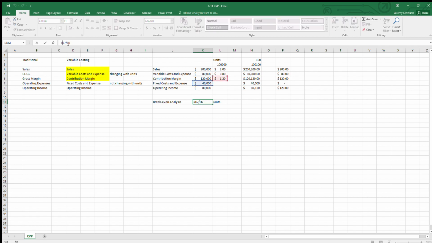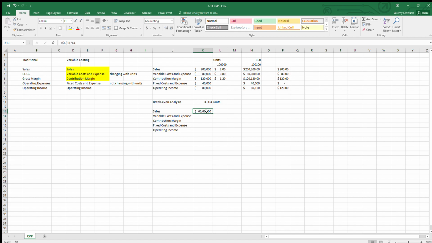So what we probably want to do is round up this number and make that 0 digits, so that if we were to project our income statement from that standpoint, we would have this 334,000 units multiplied by $2 and so forth.